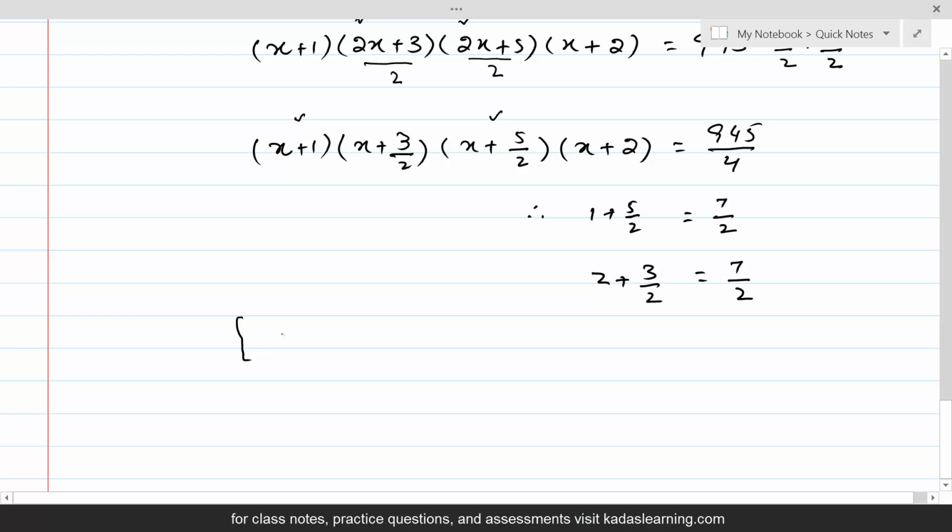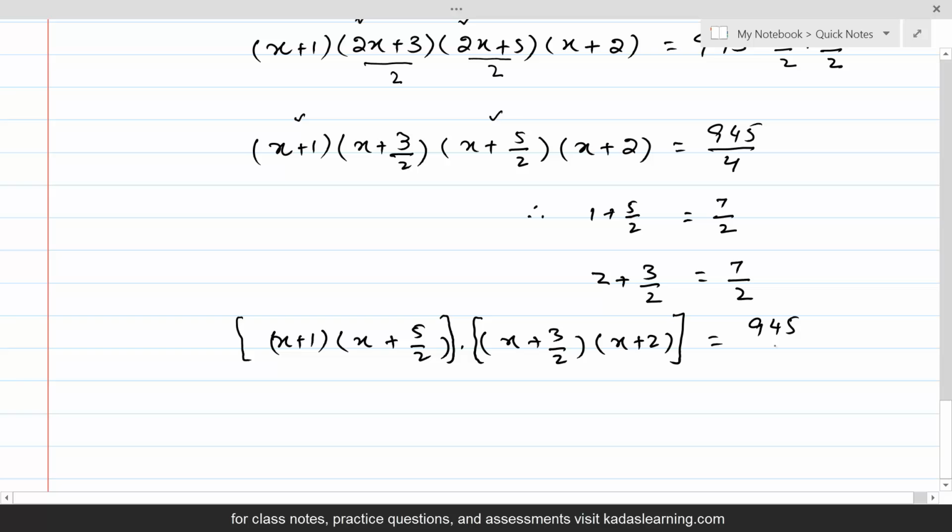So if we make the groups, this would be (x + 1)(x + 5/2) into (x + 3/2)(x + 2), and this group will stay separate, with this group equal to 945 divided by 4.